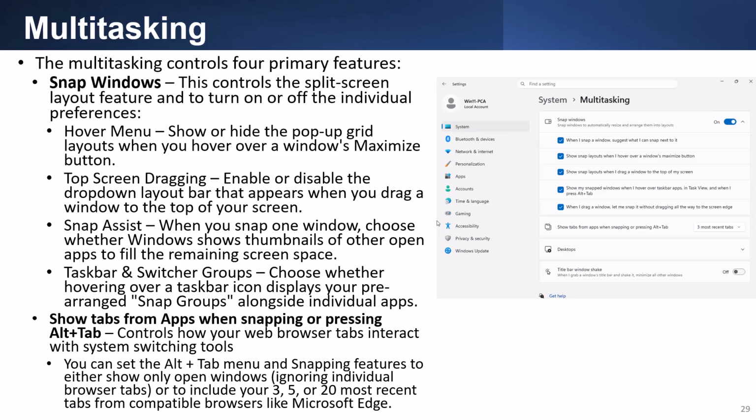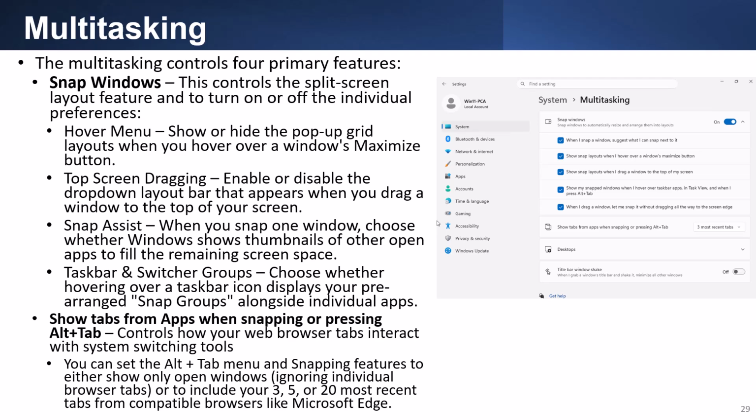Hover menu shows or hides the pop-up grid layouts when you hover over a window's Maximize button. Top screen dragging enables or disables the drop-down layout bar that appears when you drag a window to the top of your screen. Snap Assist, when you snap one window, lets you choose whether the window shows thumbnails of other open apps to fill the remaining screen space.